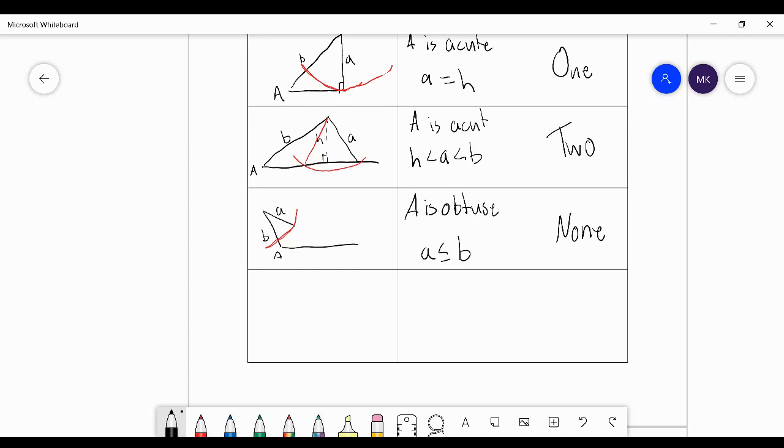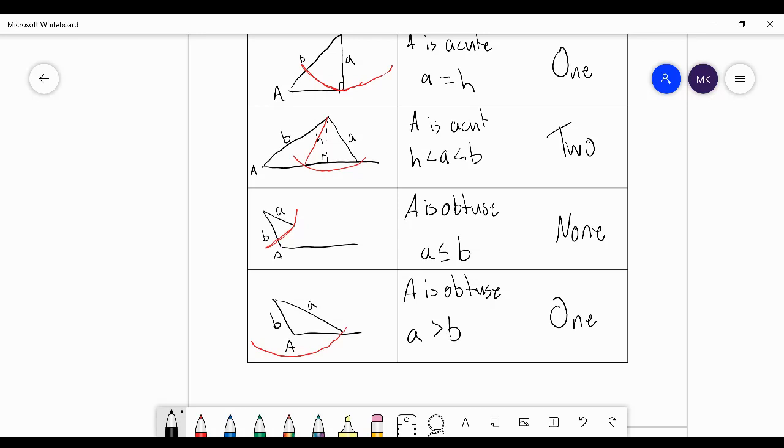Our last possibility is that A is obtuse and our little a is greater than B. In which case, if we run that angle around, we don't get anything other than that one. We only have one possible triangle.